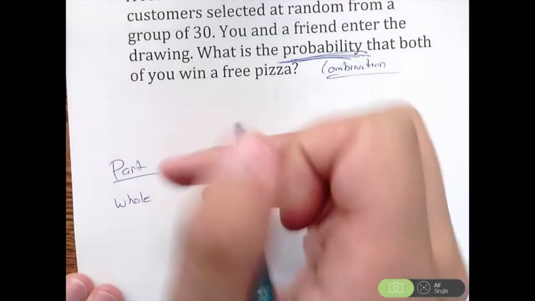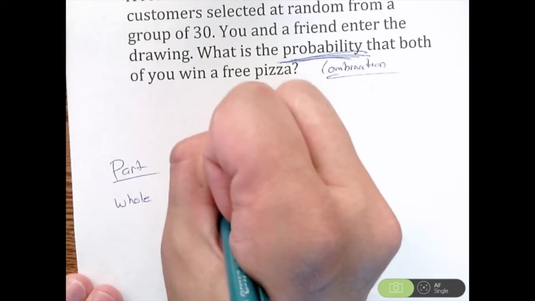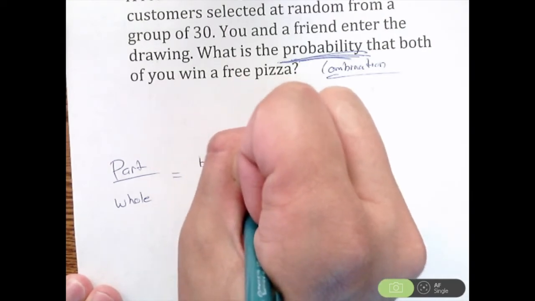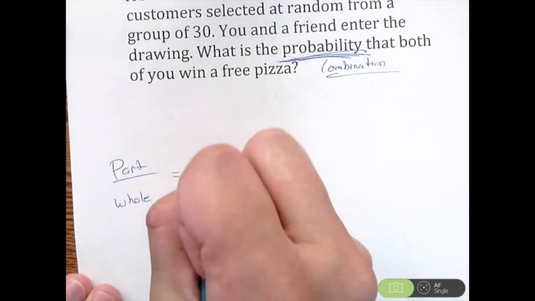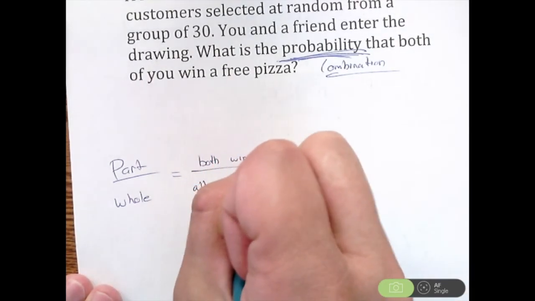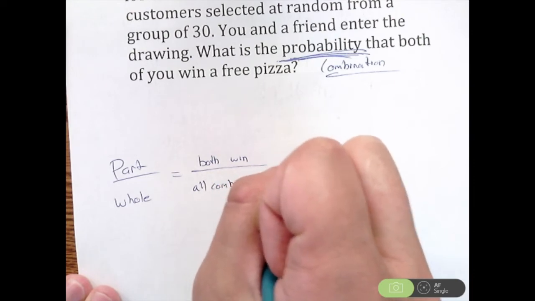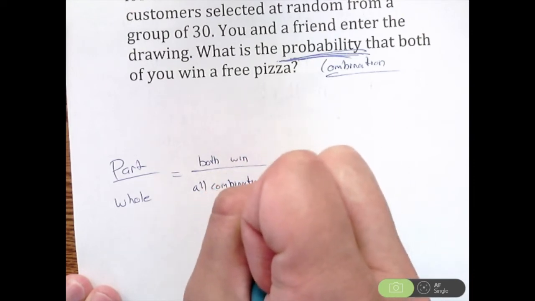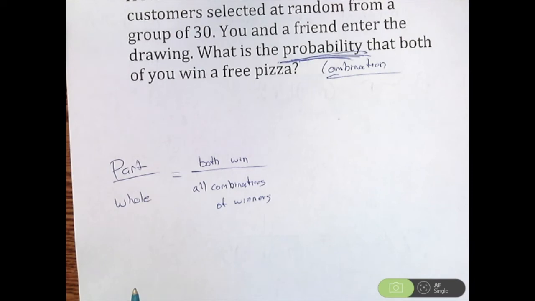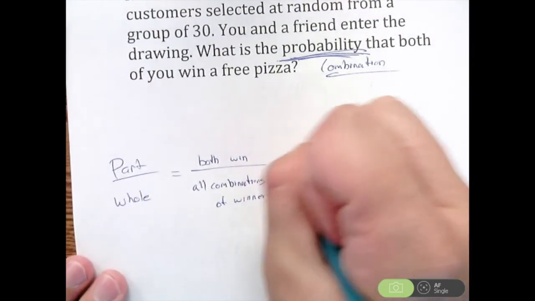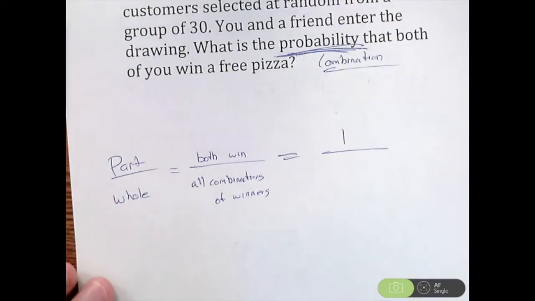So the part is you and your friend win, and the whole would be all combinations of winners. If you and your friend win, how many different ways can you make a group of you and your friend? It could be you and your friend, or your friend and you, but order doesn't matter. So there's only one way that is going to happen.